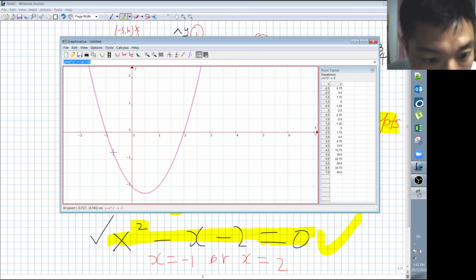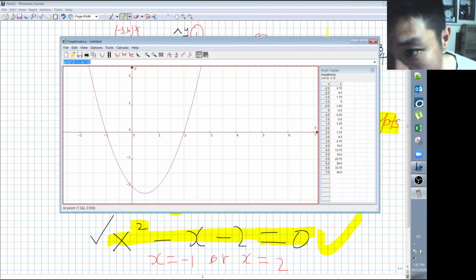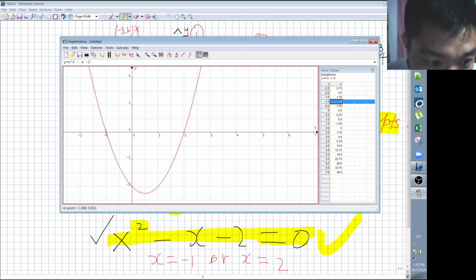It seems like there is no, but you can make use of this points table. Can you see the points table here? When your y is equal to 0, this point is x equal to -1, which is here. And another x intersection point is here.